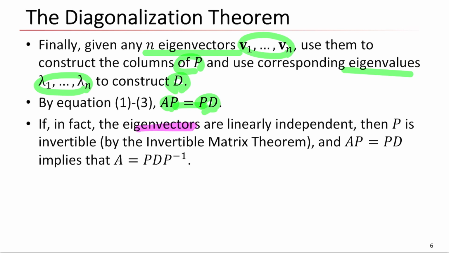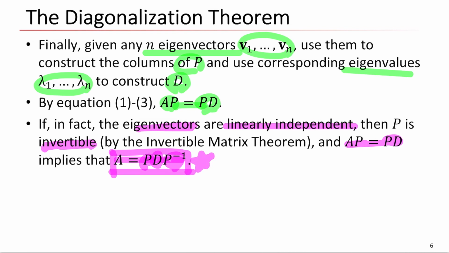If the eigenvectors are linearly independent, then P is invertible. Then AP equals PD can be cast as A equals P D P inverse, something like this. So that's what we want to know.